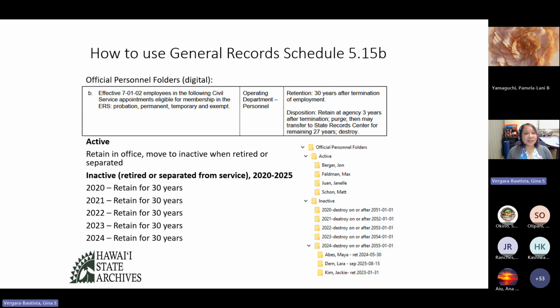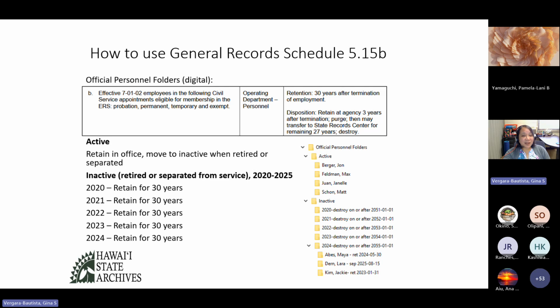If you're working with electronic files, meaning you scan your personnel folders, it's very similar. What you need to do is create a file structure within your servers. So you would have one big folder with this heading, official personnel folders.